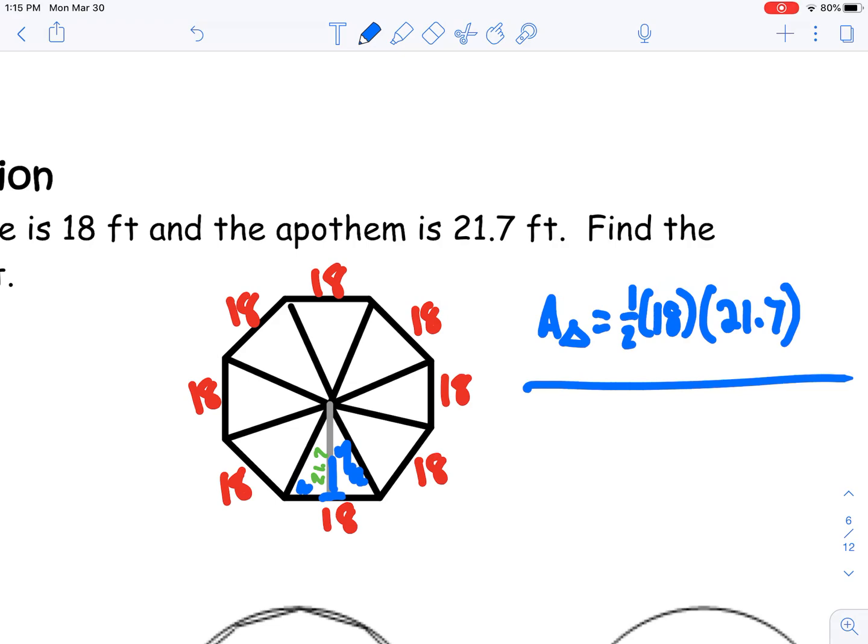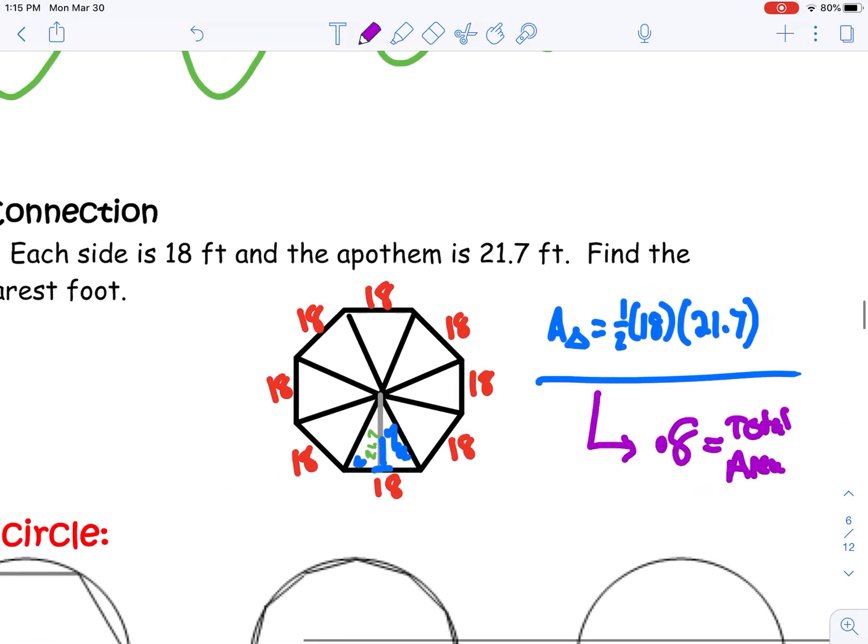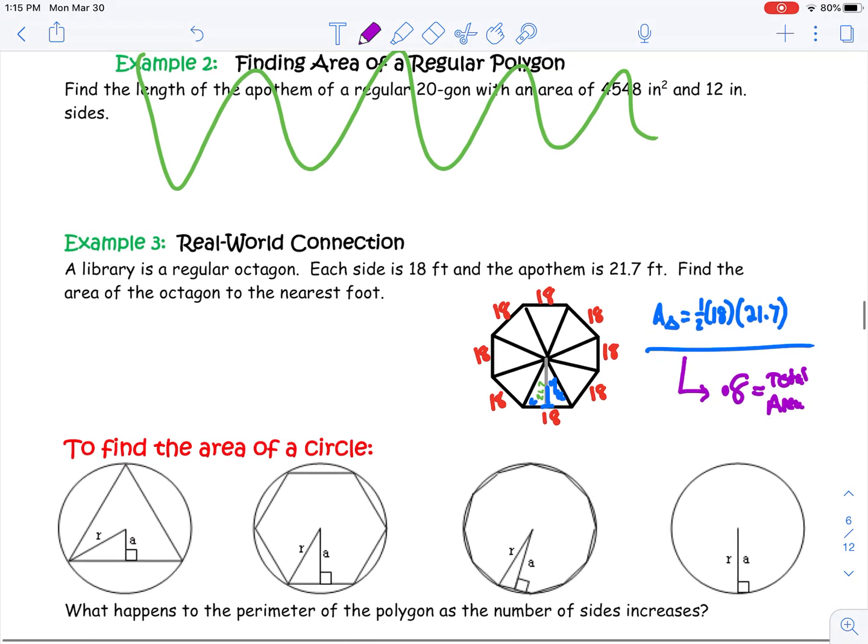Whatever that answer is, that is the area of one of those triangles. And I know that because it's an octagon, it's going to have 8 sides. So I'm going to take this answer times 8 to get the total area. And I'm done. I don't have to do any further work. So again, I personally like this idea. Break it into triangles, find the area of one triangle, and multiply by however many there are.